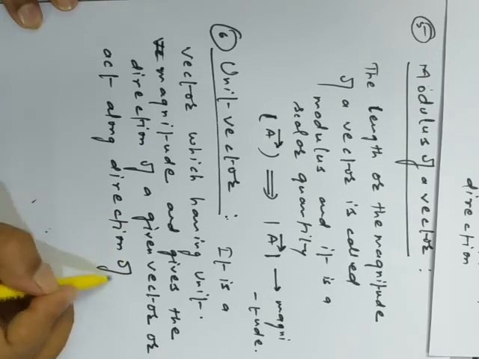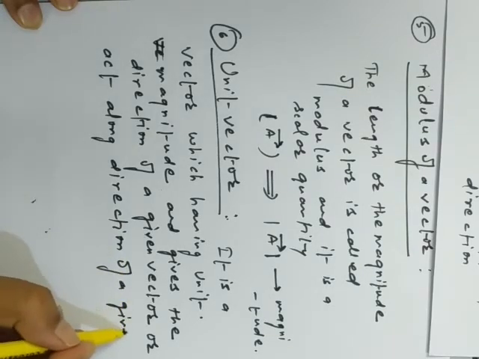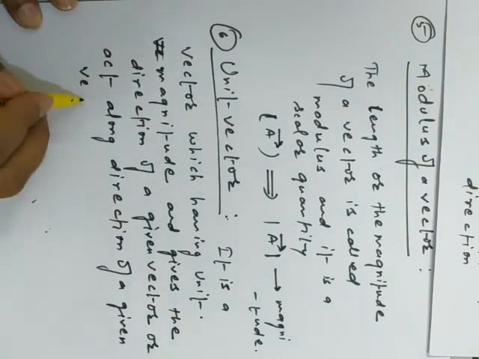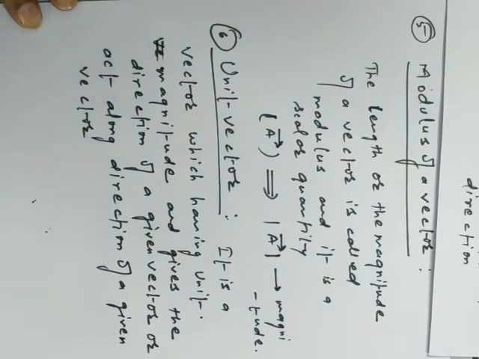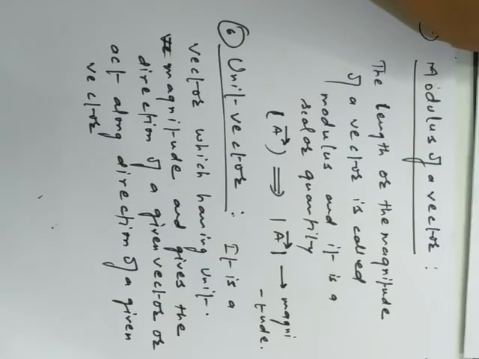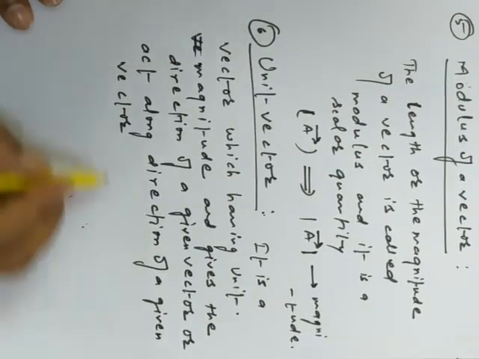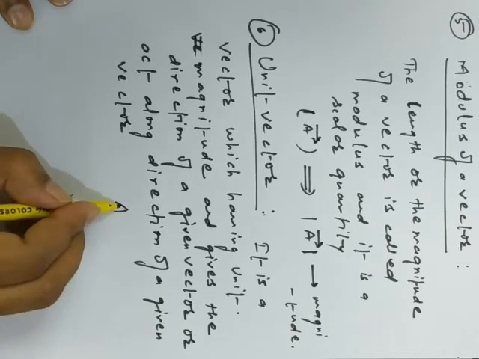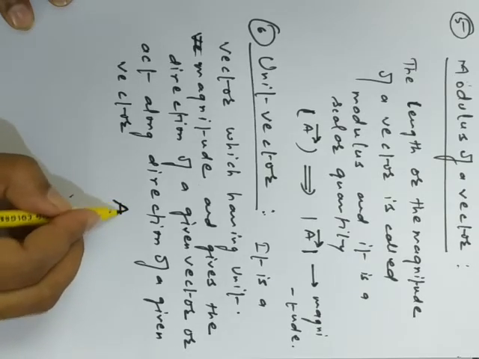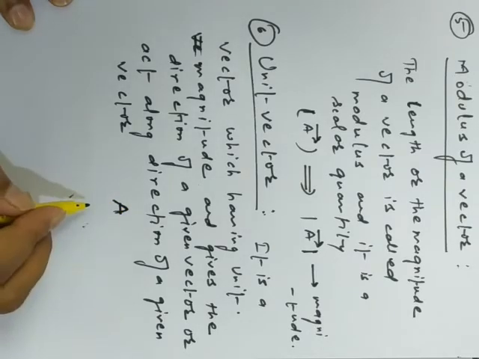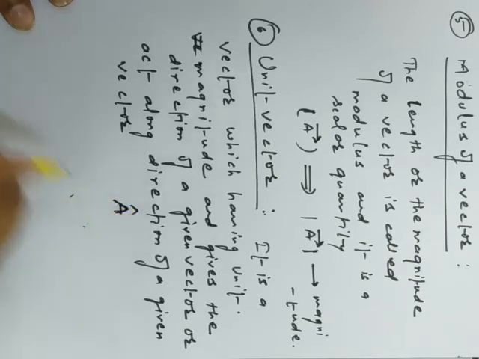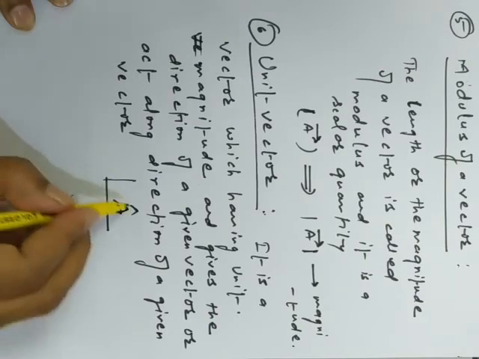How we represent it is another interesting thing. Generally, for the symbol of a unit vector, suppose we have the alphabet A, to represent it as a unit vector we put a cap over it. Okay, so this is the simplest representation of a unit vector.